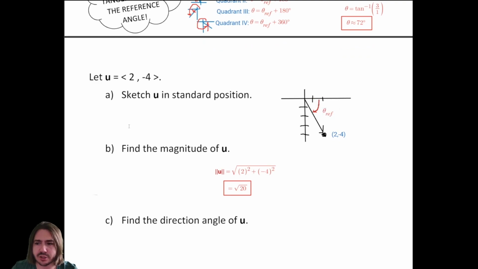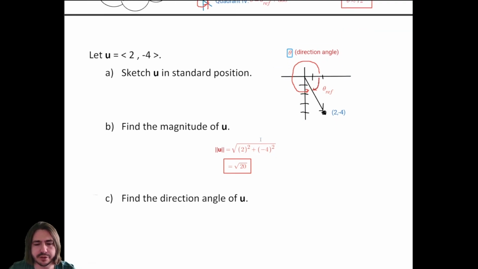And what we actually want is this one right here. This is going to be the direction angle. So basically we're just giving a positive angle measure for this.